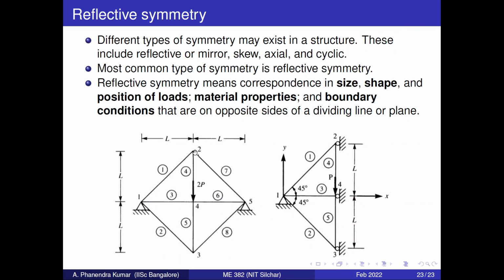Once we divide at the nodes, this is very critical. At the nodes, the displacement should be constrained in the perpendicular direction, so that it should not move in the perpendicular direction. Once we cut the structure using the plane, the perpendicular displacement should be restricted to 0. That we can obtain by using the roller support, right?